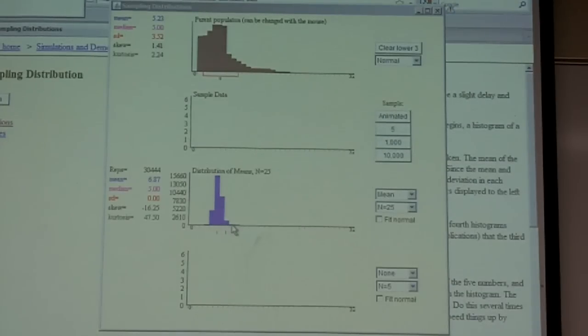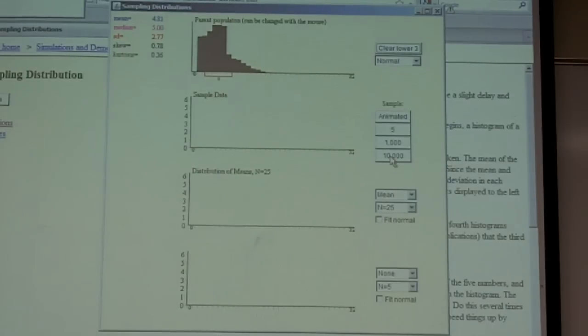There's some tail here. Let's try it this way. Let's make it a really long tail, and that should do it.